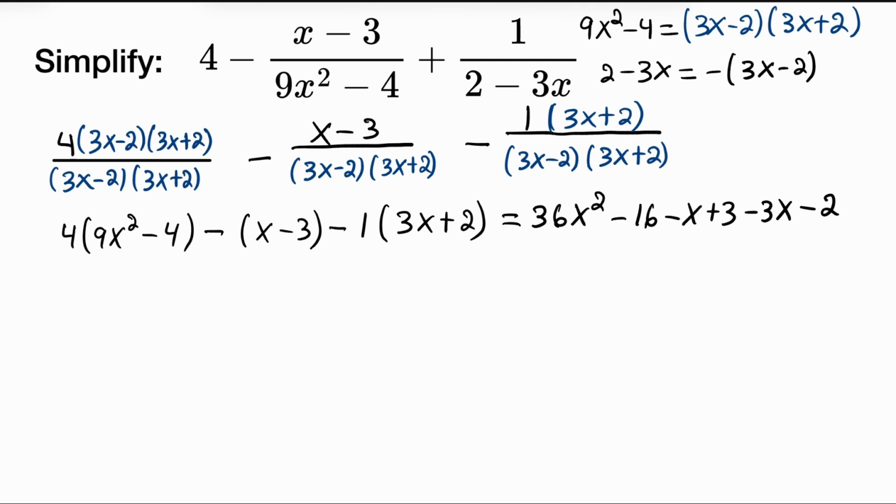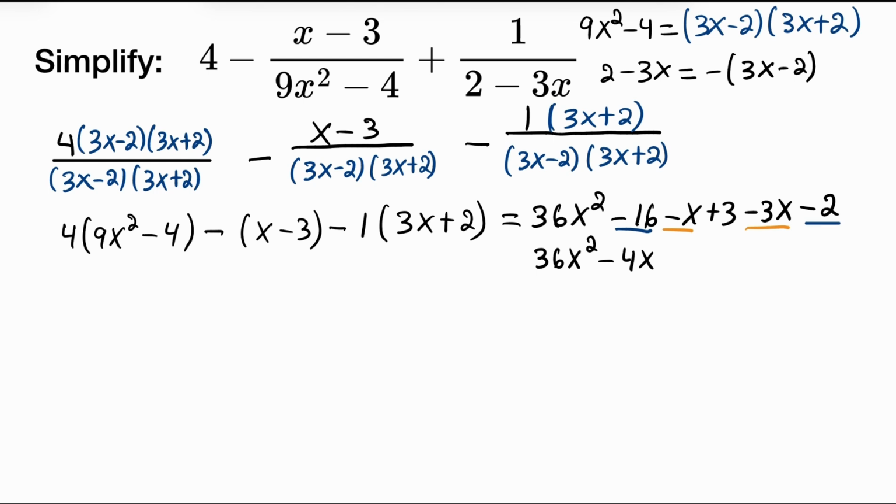Now we're ready to combine like terms. Let's go ahead and do that. Let's bring down the 36x squared. And then we have negative 3x and negative x, which is negative 4x. And then we have negative 16.